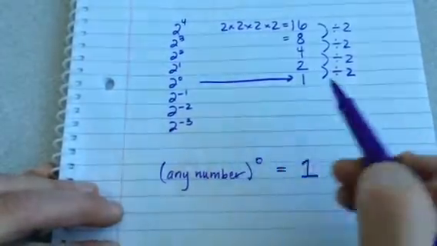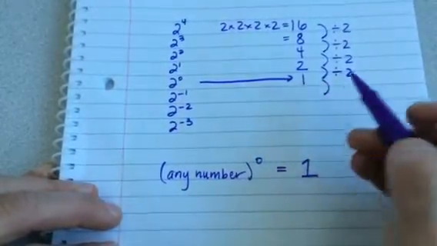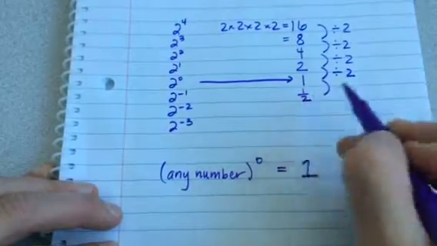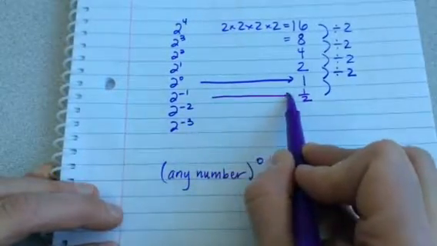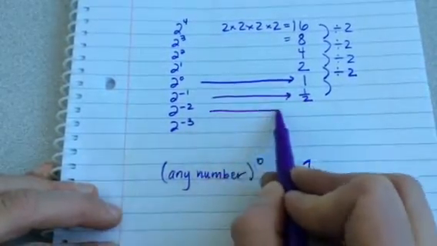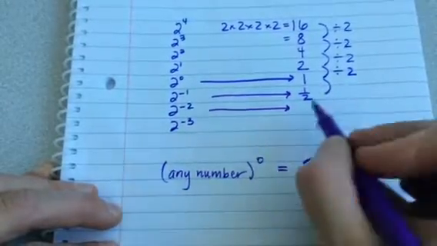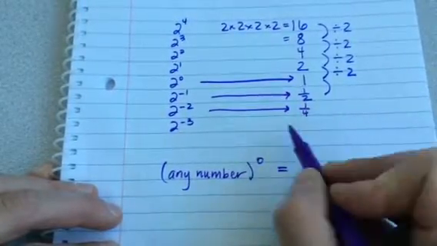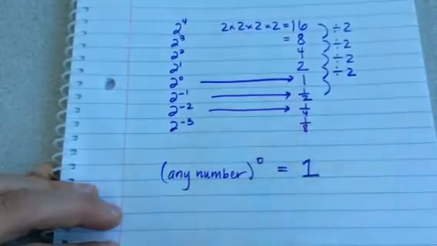Okay, let's continue with our pattern here. If we divide by 2 again, 1 divided by 2 is 1/2. So 2 to the negative 1 is 1/2. 2 to the negative 2, if we divide by 2 again, we get 1/4. And then we'll get 1/8.